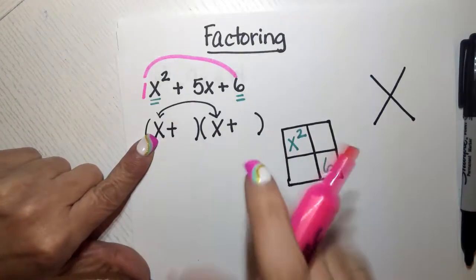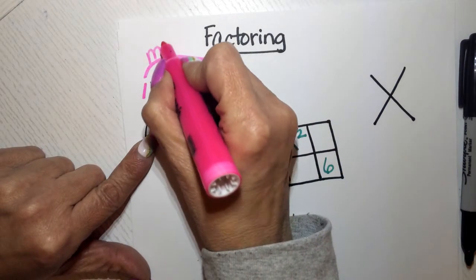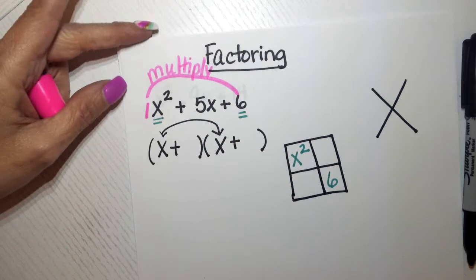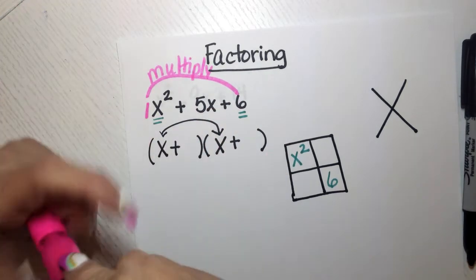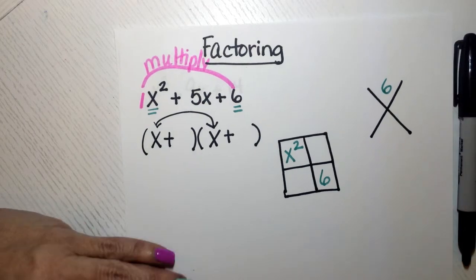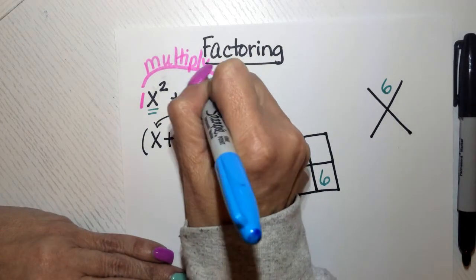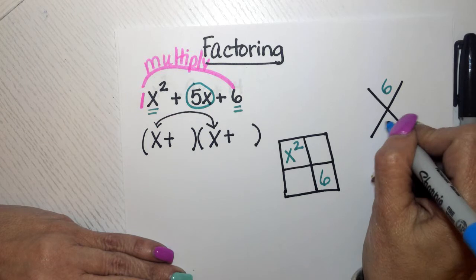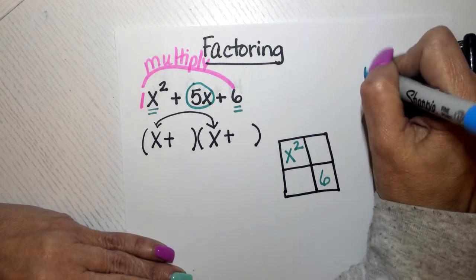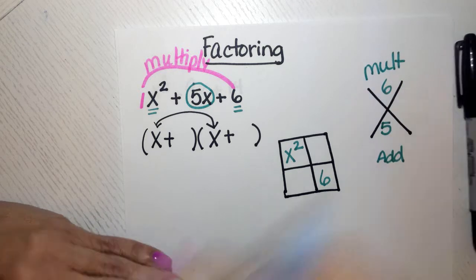And you multiply across the rainbow. 1 times 6 is 6, and so you put a 6 at the top. You add to get the 5, and that goes at the bottom. So you add to get the bottom and you multiply to get the top.